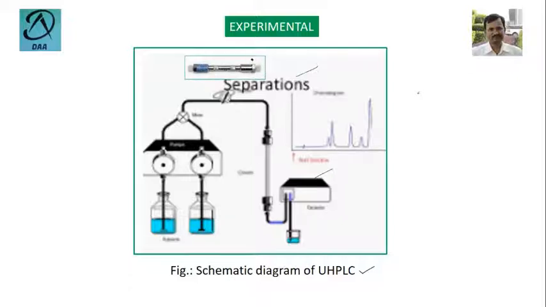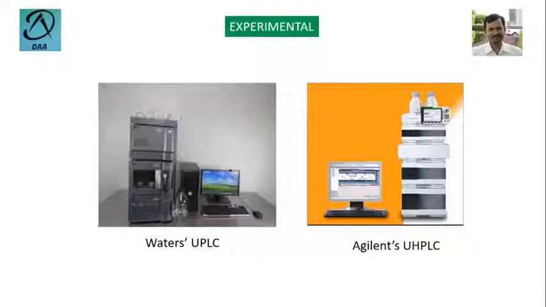So you can see one example. This is the column, a very short column, and its stationary phase material radius is also very, very small. Now for example, Waters has UPLC and Agilent has UHPLC, Infinity 1290. And in addition, Shimadzu also has UHPLC. So different types of ultra high performance liquid chromatography are available in the market.